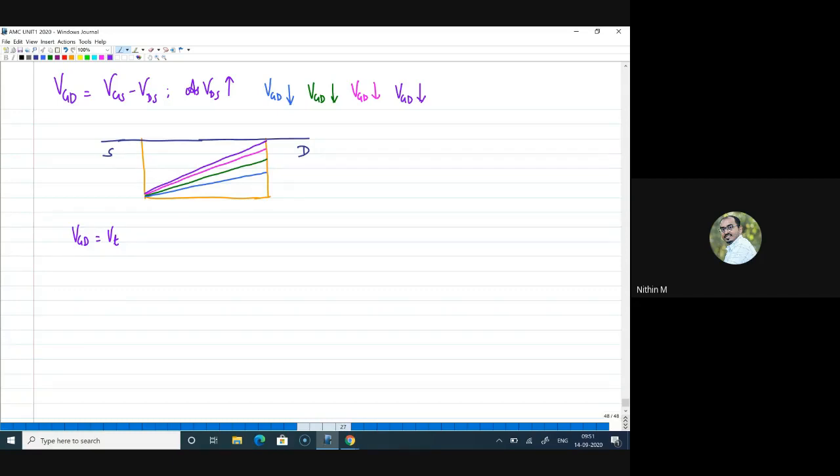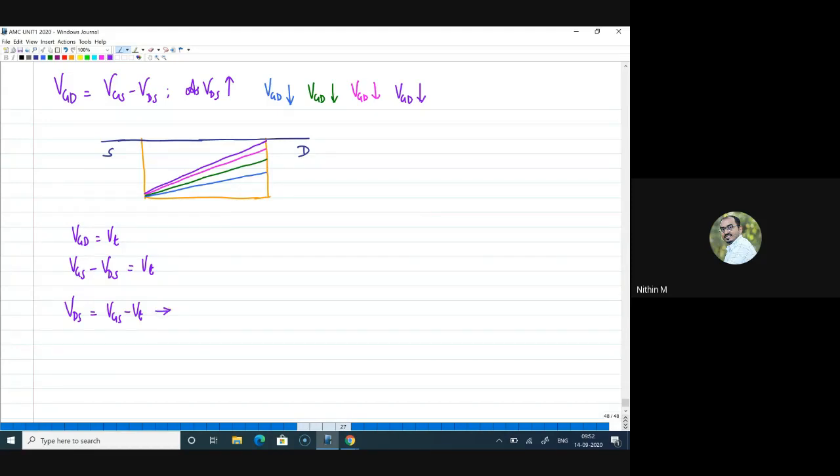So if you have a channel present at the drain end, your VGD is at least equal to VT. I can write this further as VGS minus VDS is equal to VT, or VDS is equal to VGS minus VT.